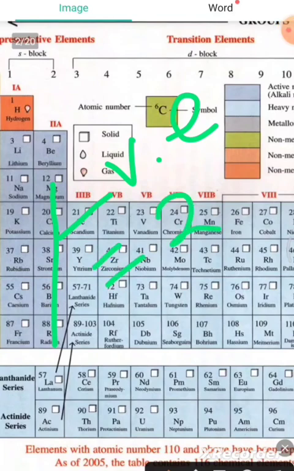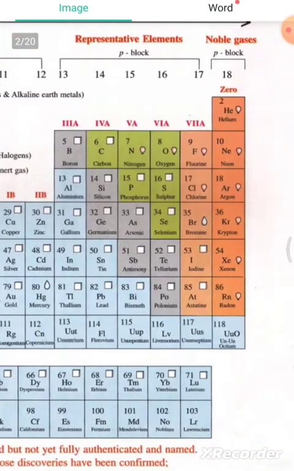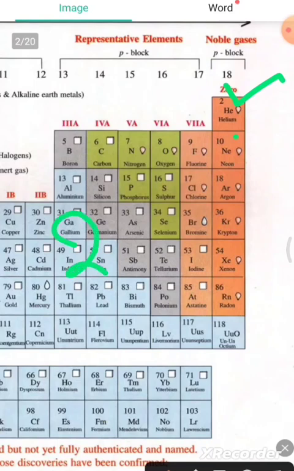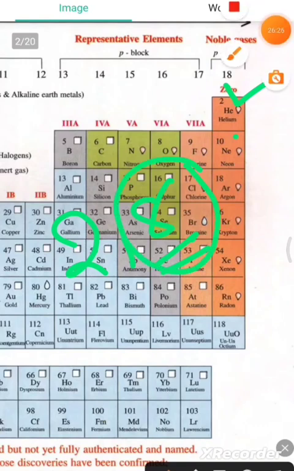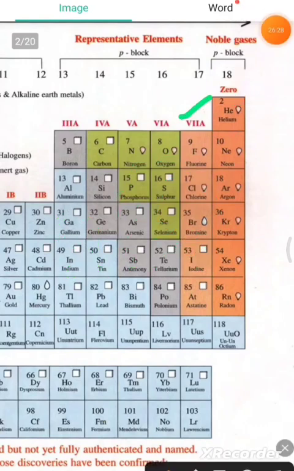Okay. Then if I see the 0 group elements, they are having valence electrons. This is the 8th group, no? That's why the valence electron will be 8. Like that, if you will see the 7th one, here the valence electron will be 7.